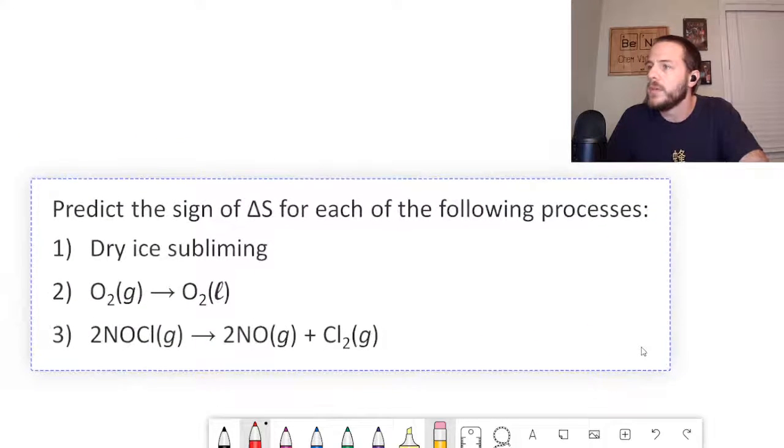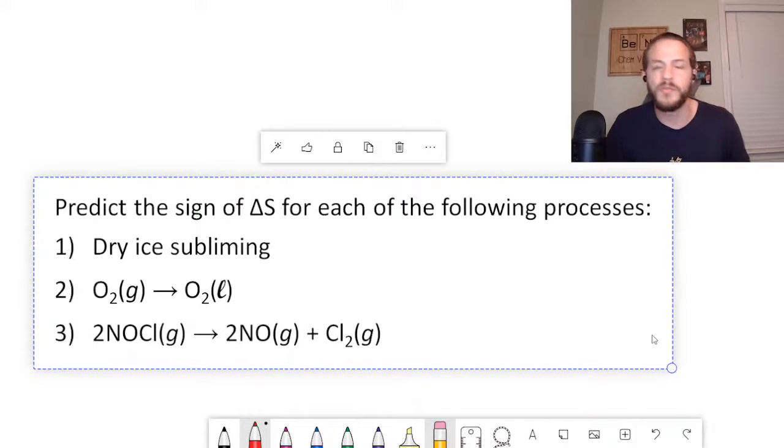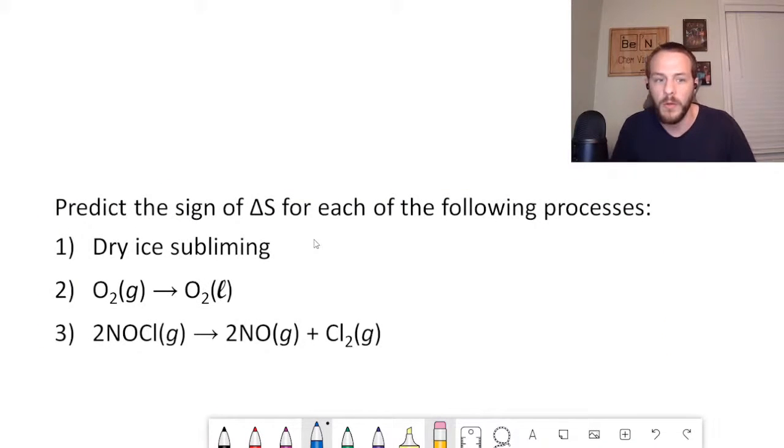Okay, so we're going to predict the sign of the entropy change, delta S, for each of these processes, starting with the first one, dry ice subliming. Well, what is dry ice? Dry ice is solid carbon dioxide. And if it sublimes, that means it's undergoing sublimation to become gaseous carbon dioxide, right?